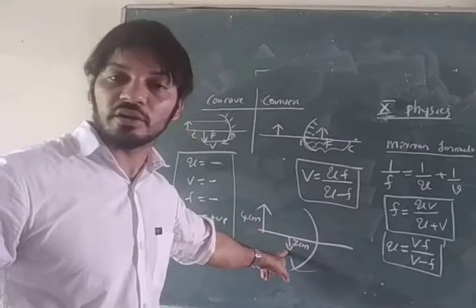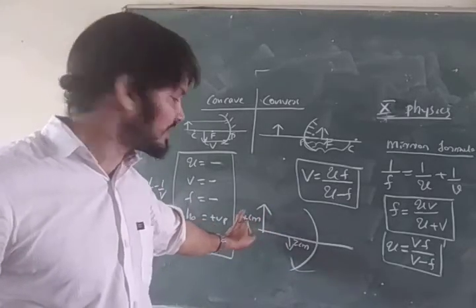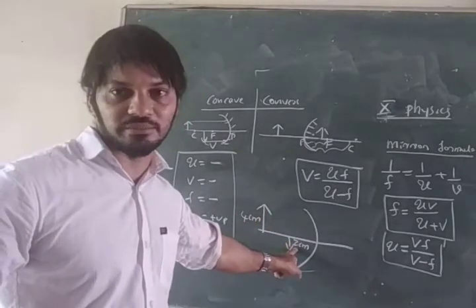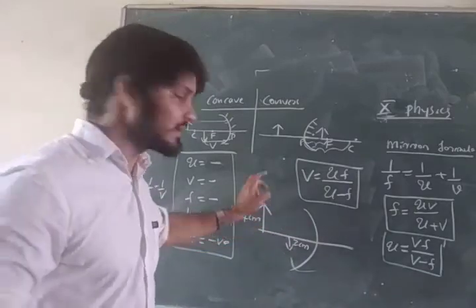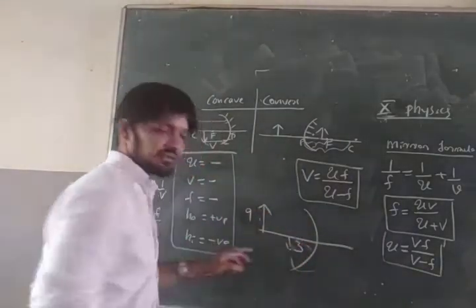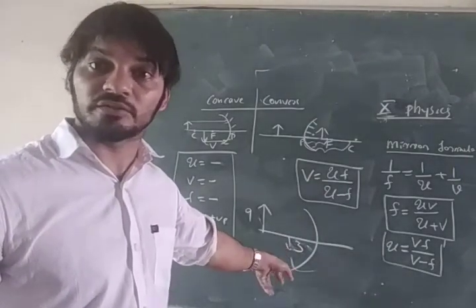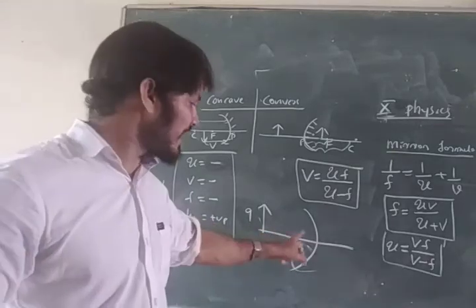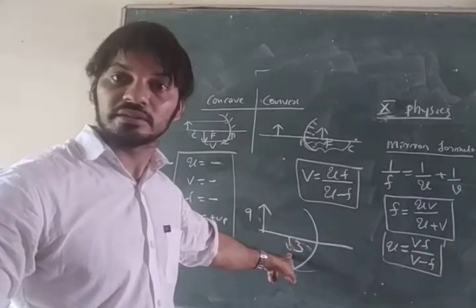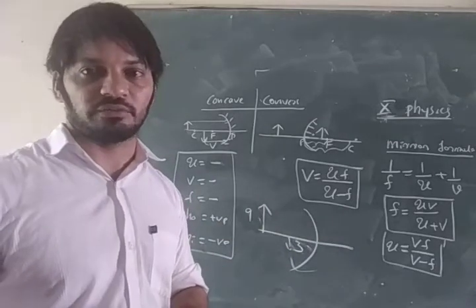Here the height of the image is half of the height of the object. Correct, no? If the object is 9 and the image is 3, the height of the image is 1/3 of the height of the object. Like this comparing is known as magnification.